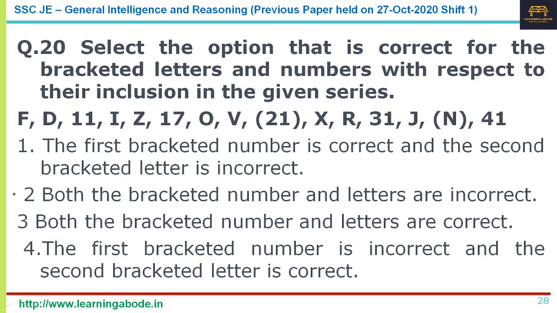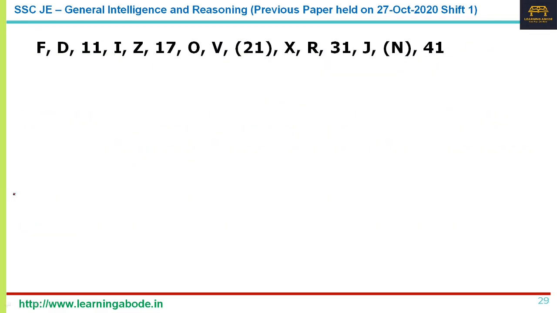You have to say whether both are correct, both are incorrect, the first bracketed one is correct and the second is incorrect, or the first is incorrect and the second is correct. Now let me take it and write it here separately.